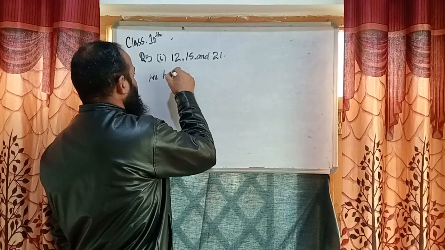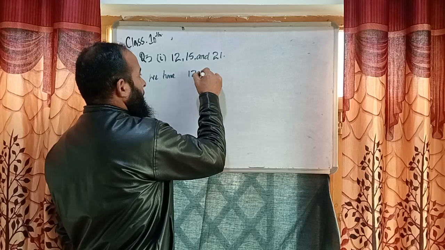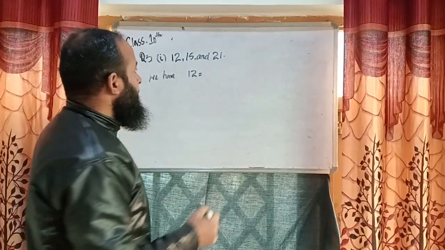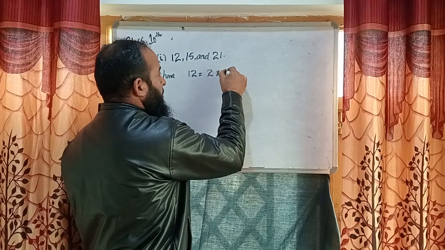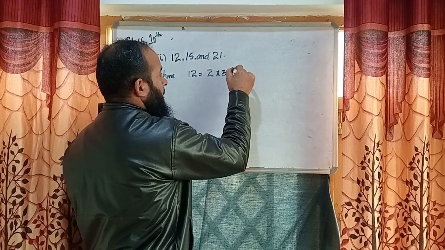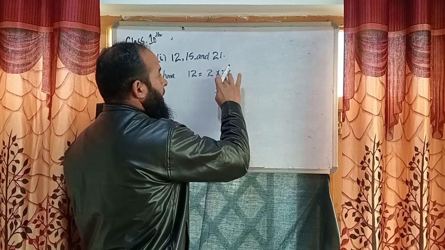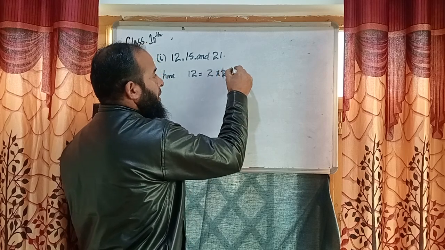We have 12. 12 can be written as 2 into 6, and 6 is 2 into 3, so we can write it as 2 cross 2 cross 3.